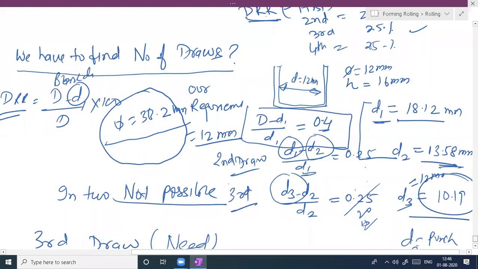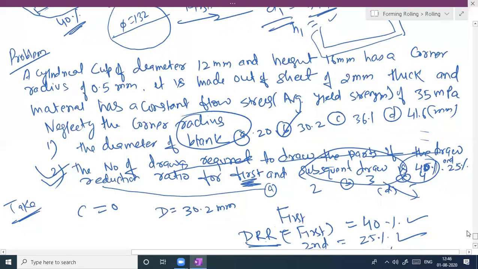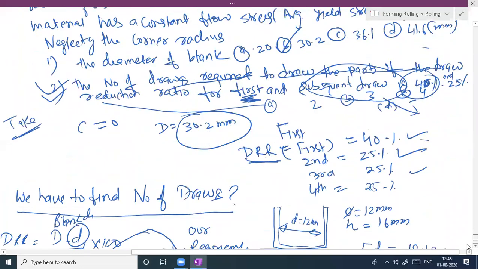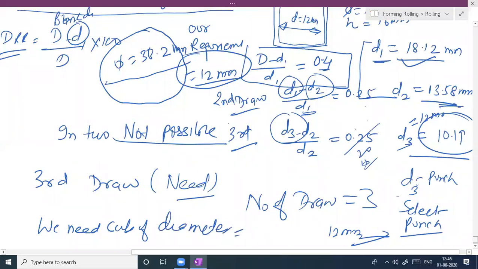In the first draw we are getting diameter 18, but we need diameter 12. In the second draw the diameter is 13. The third draw diameter is 10.1. We require a cup of diameter 12 mm.